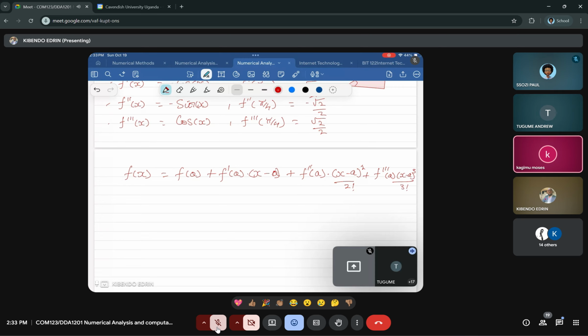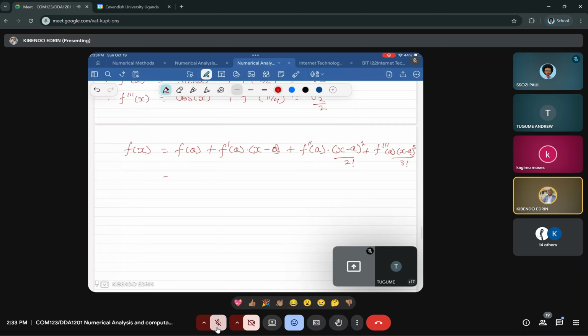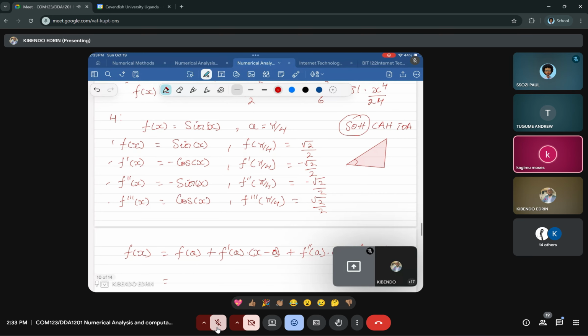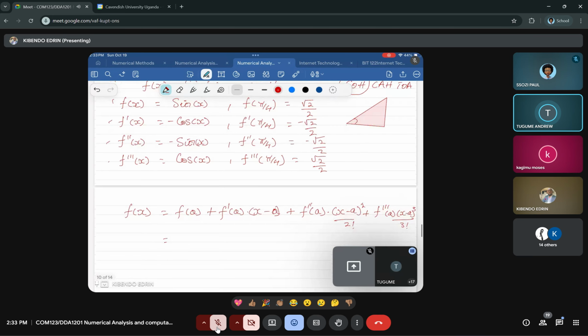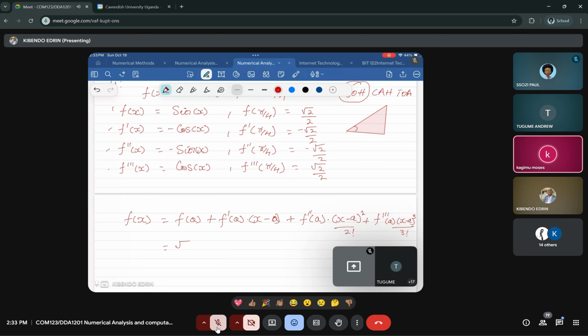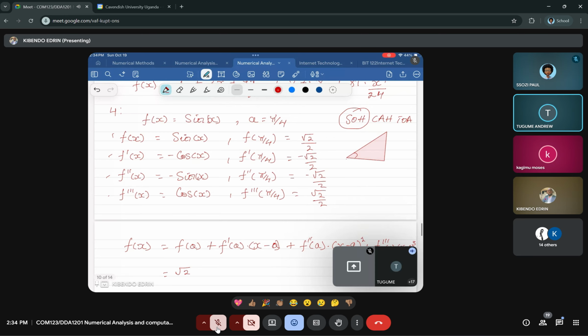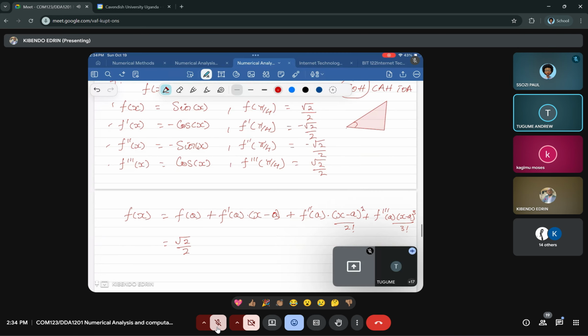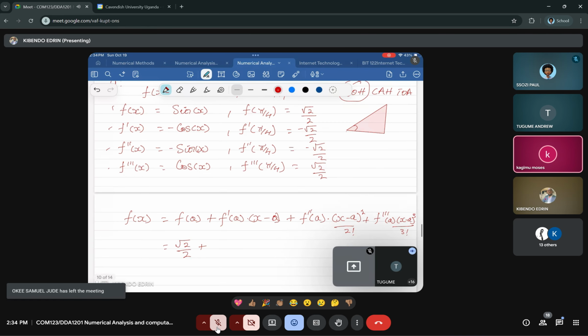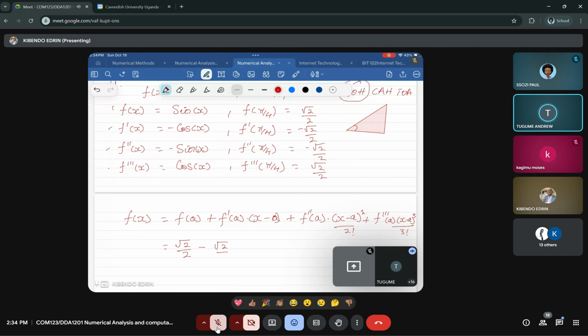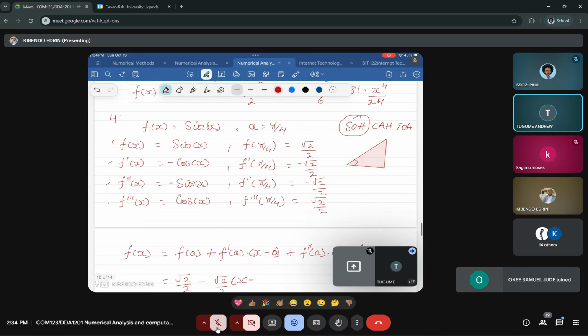You need to replace, my friend. Then we put in those values: f of a is root 2 out of 2, plus negative root 2 out of 2 times x minus a.